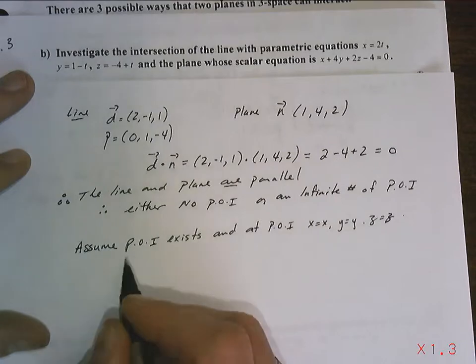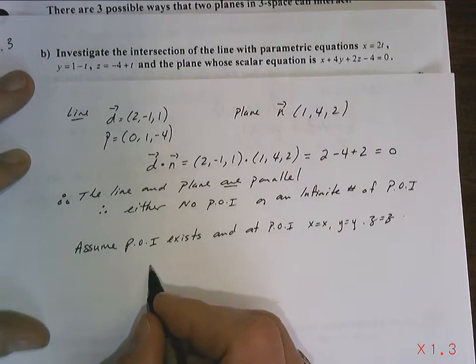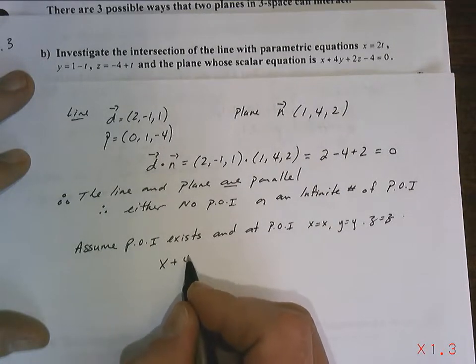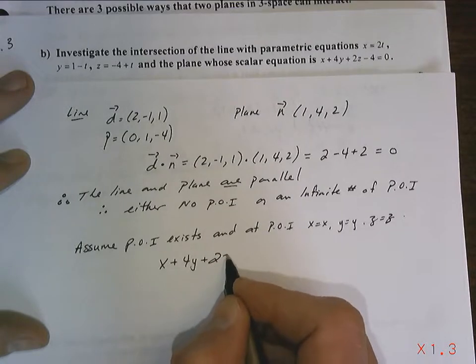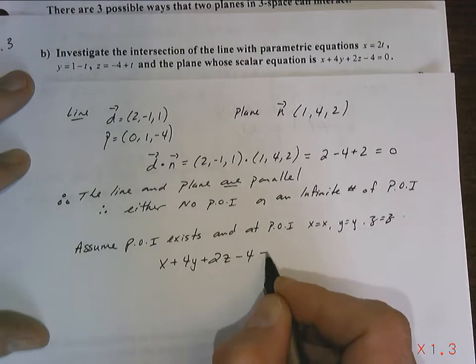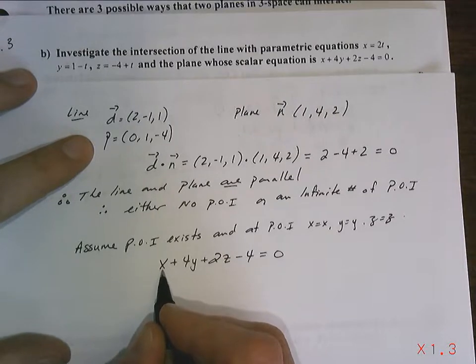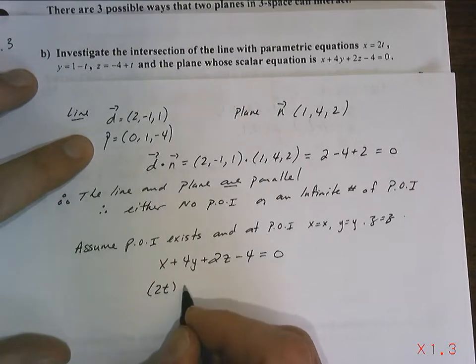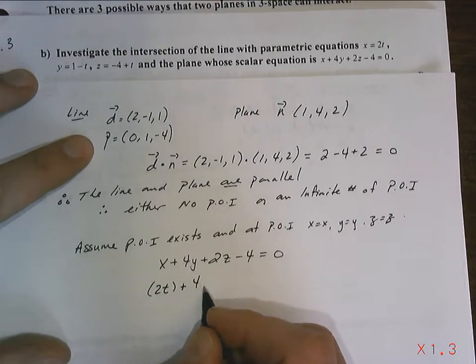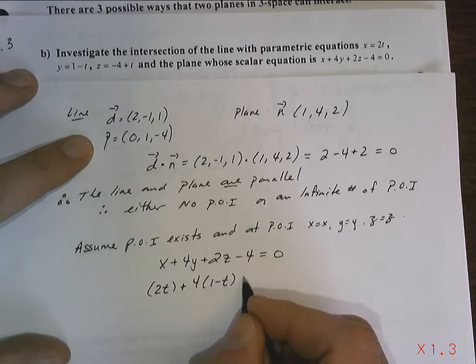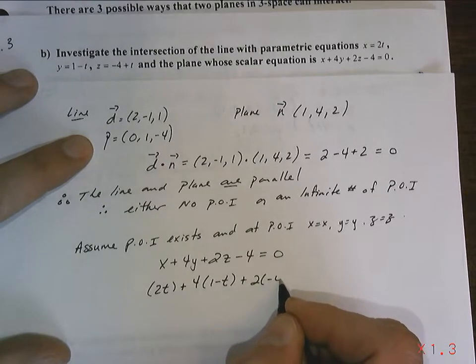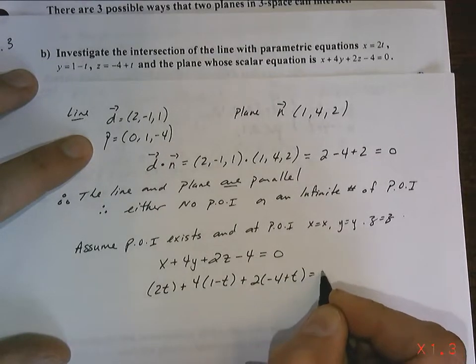So I'm going to take my scalar equation, which is x plus 4y plus 2z minus 4 equals 0, and plug in all the possible values of x, y, z on the line in terms of t. So this will become 2t plus 4, times 1 minus t, plus 2 times negative 4 plus t, minus 4 equals 0.